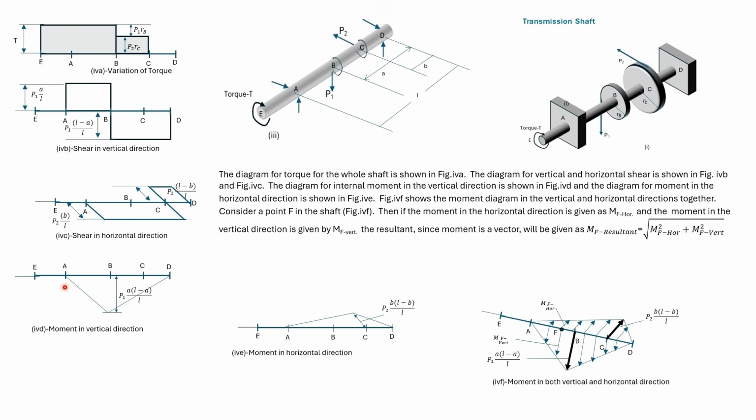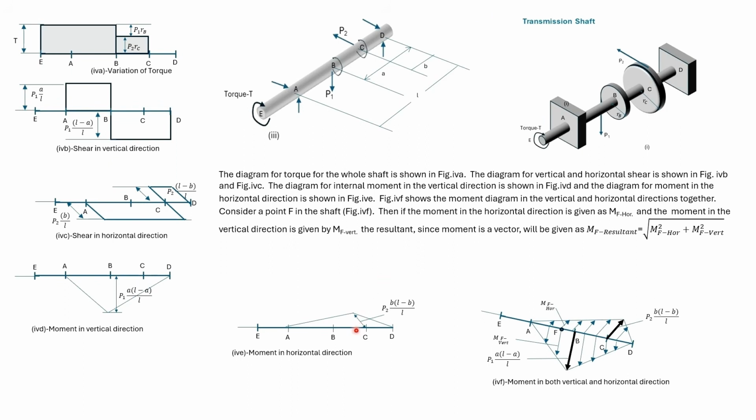This is the bending moment diagram in the vertical direction. The maximum bending moment by formula is P1 into A into (L minus A) divided by L. The maximum bending moment is at P. This is the bending moment diagram in the horizontal direction.